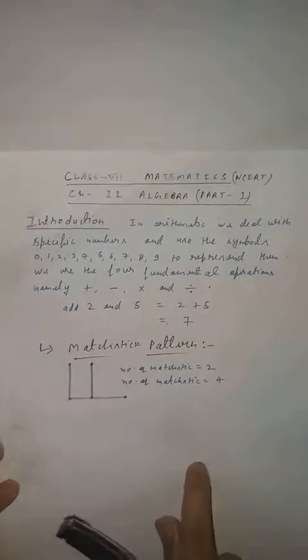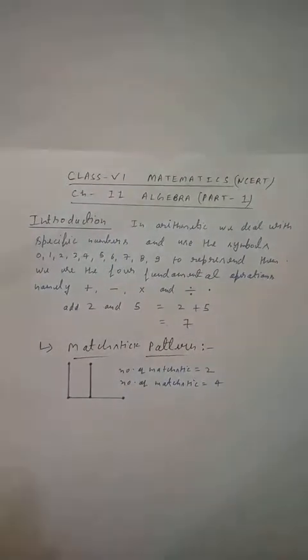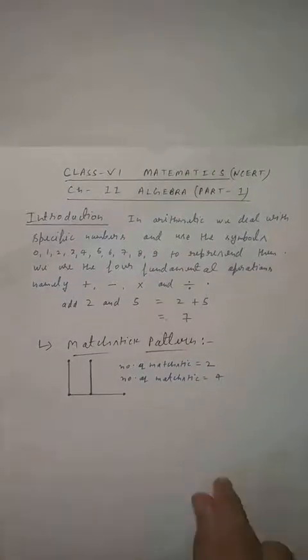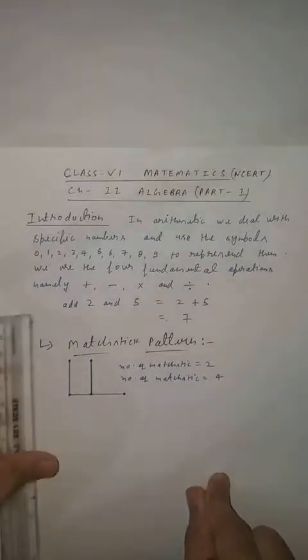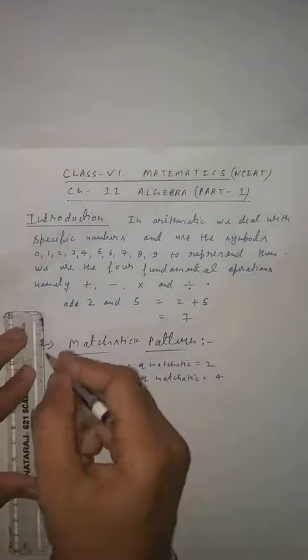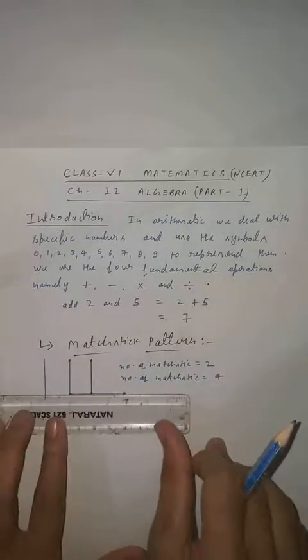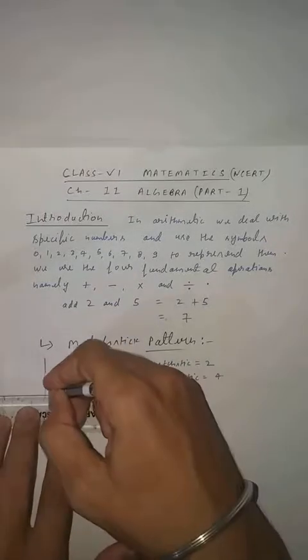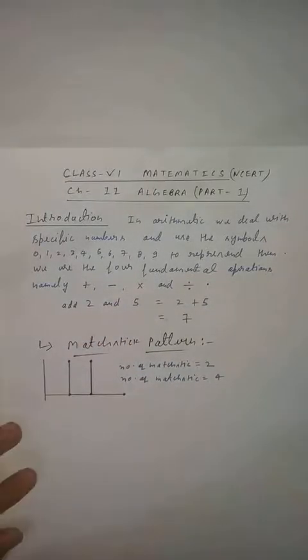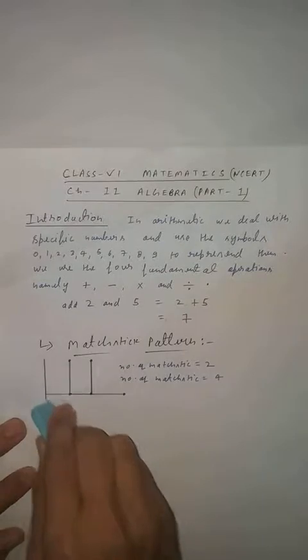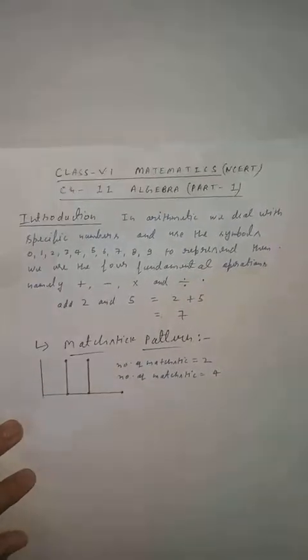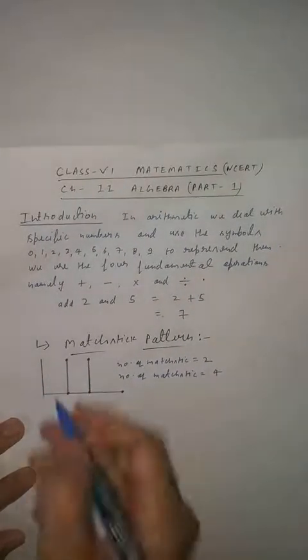Again I want to draw another L. So what I will do? Again I will draw another L. This is another L. Now again you can count the number of matchsticks. Mark it.